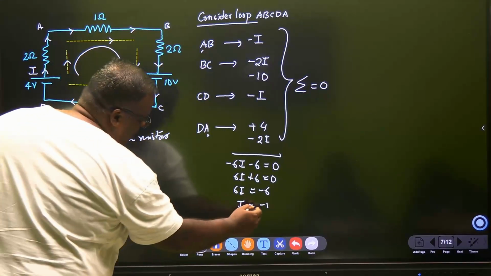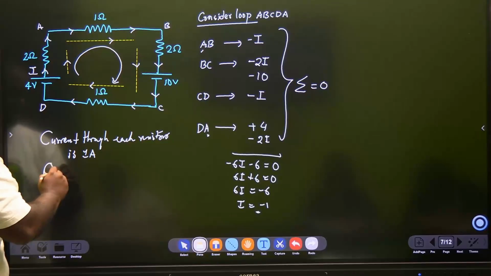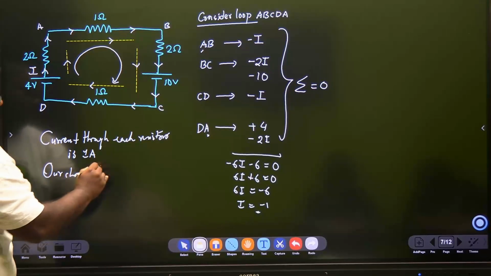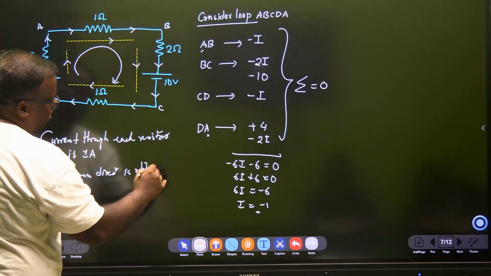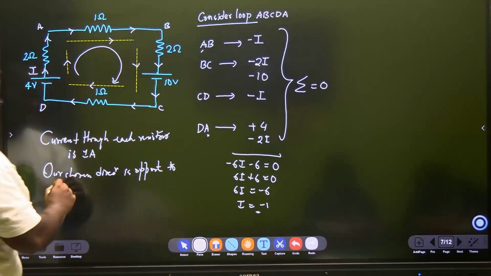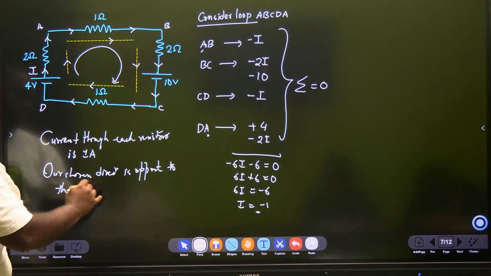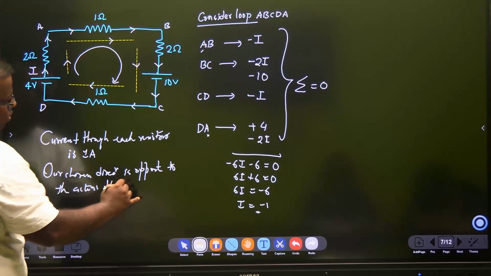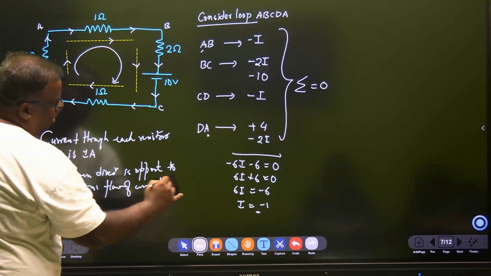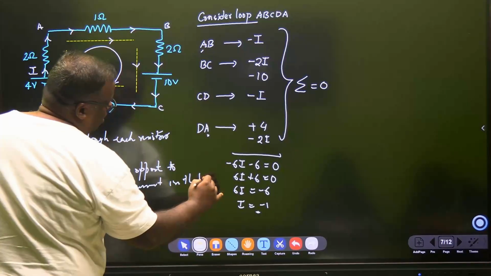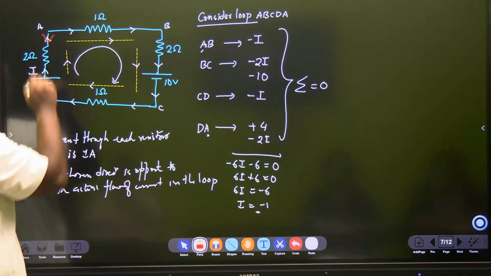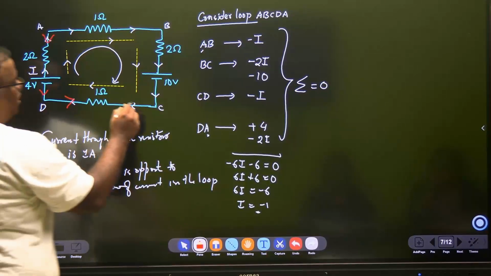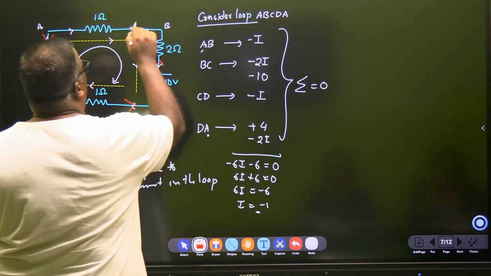This negative is coming because our chosen direction is opposite to the actual flow of current in the loop. So current should actually be flowing in the loop in what direction? This direction. You will be given full marks, nothing wrong.